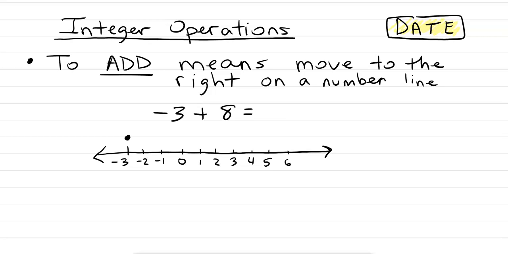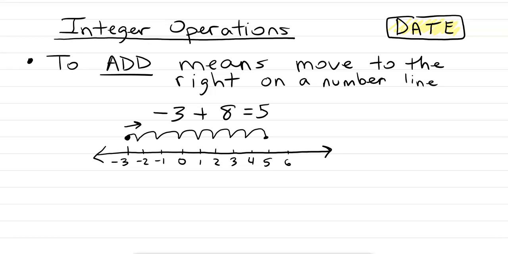So that means I'm going to move 8 spaces to the right from -3. I'm going to count 1, 2, 3, 4, 5, 6, 7, 8. So we move to the right. So -3 plus 8 gave me +5.